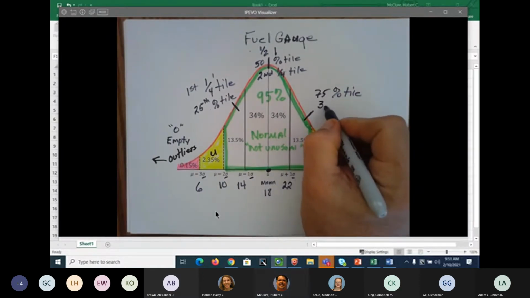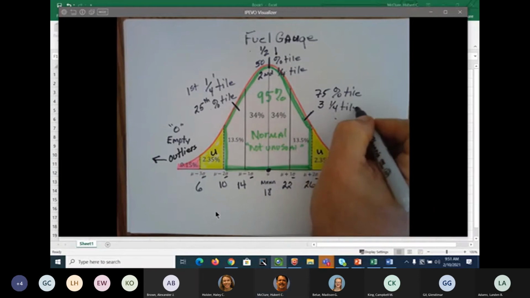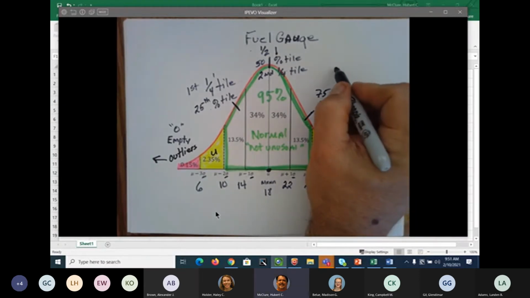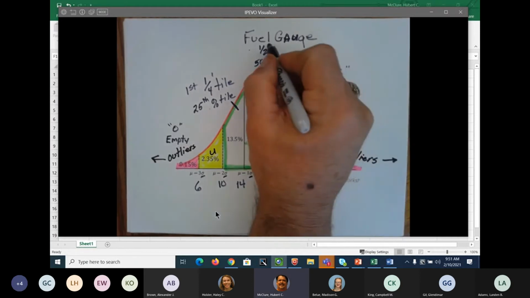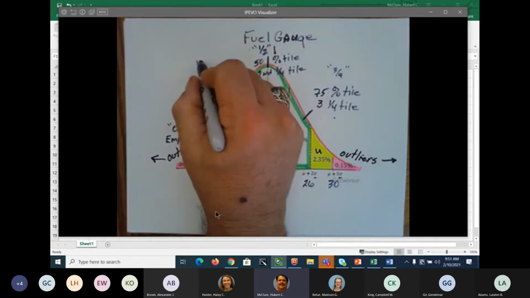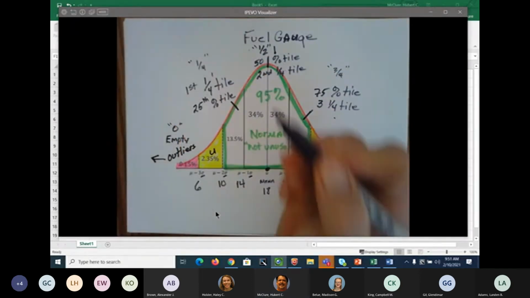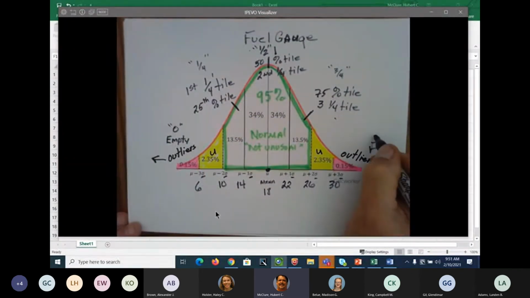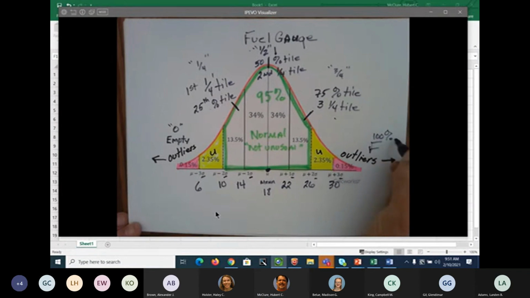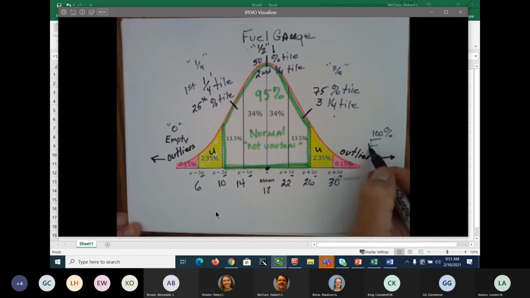Third quartile. And that's called 3/4 of a tank. Half, and a quarter. And of course, over here is full, or 100%. Full.